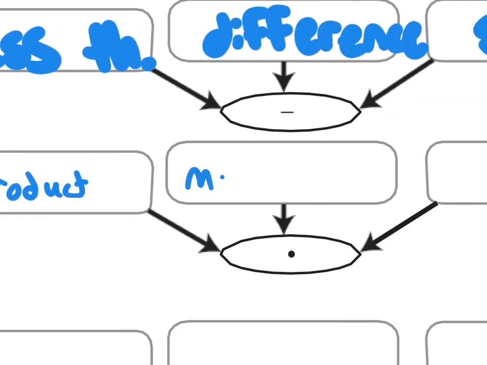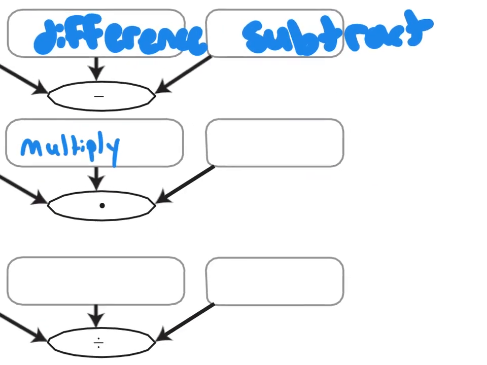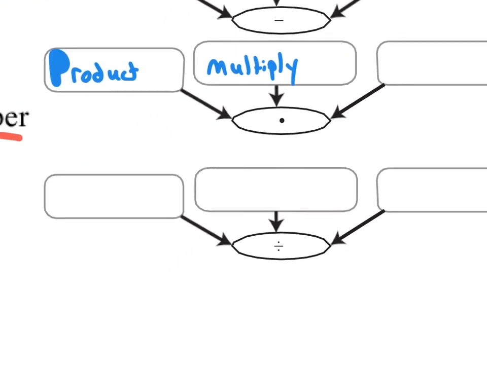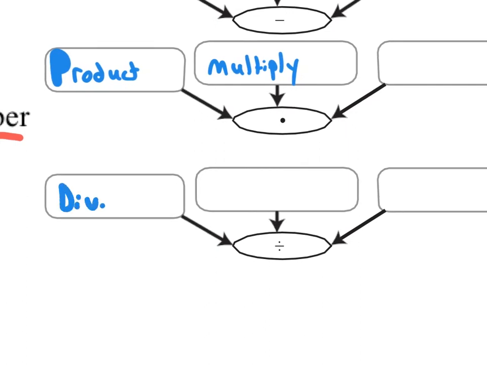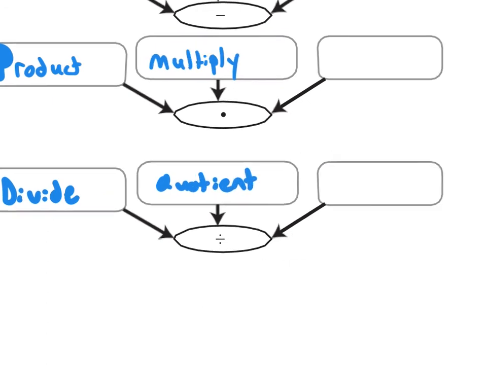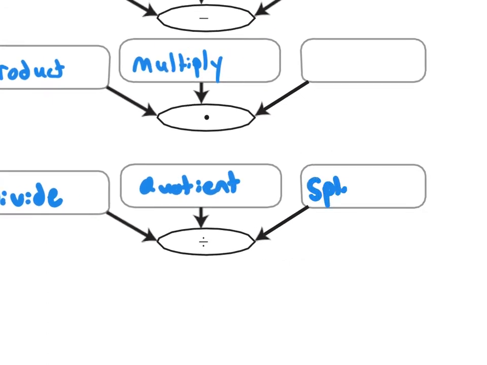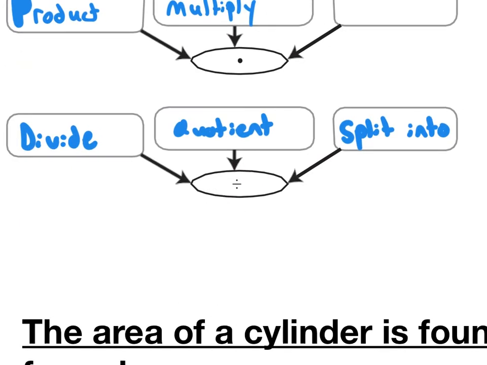They may say multiply. Or they might say double, triple, twice, 3 times, any of those types of scenarios as well. And then for division, they're more so going to say divide by, quotient, or split into equal parts, like if I said we're splitting a bill 5 ways.